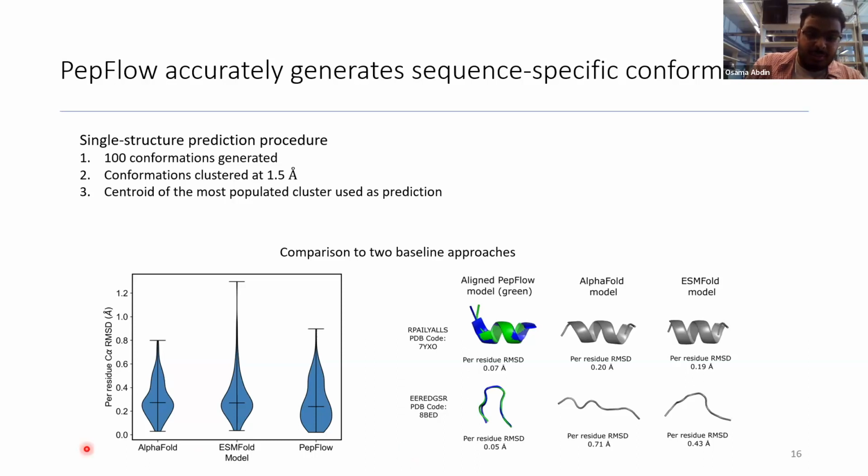These are C alpha RMSDs per residue, because the issue is when you end up with really small peptides, you end up with really low RMSDs, irrespective of how different the conformation is. So here we divide the RMSDs by the number of residues in the peptide. So you take the reported value here and multiply it by the number of residues in the peptide.